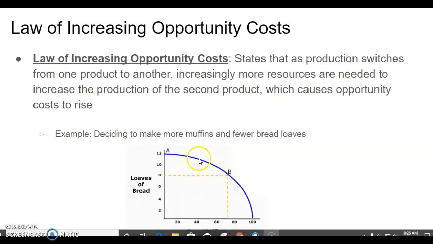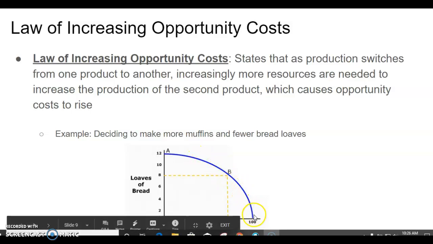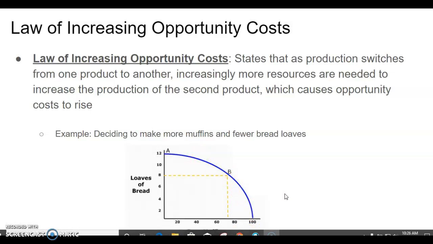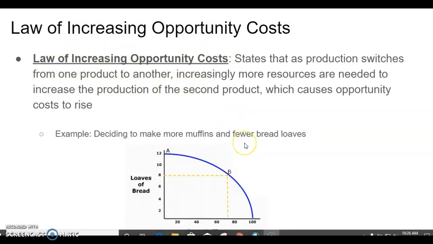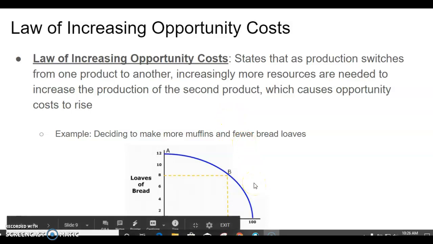But as you continue to make more muffins, suddenly you need more and more muffin pans and fewer loaf pans. Well, those pans don't come out of nowhere. You have to pay for those pans somewhere. So that would be your increasing opportunity cost. It is costing you more to make more and more muffins.